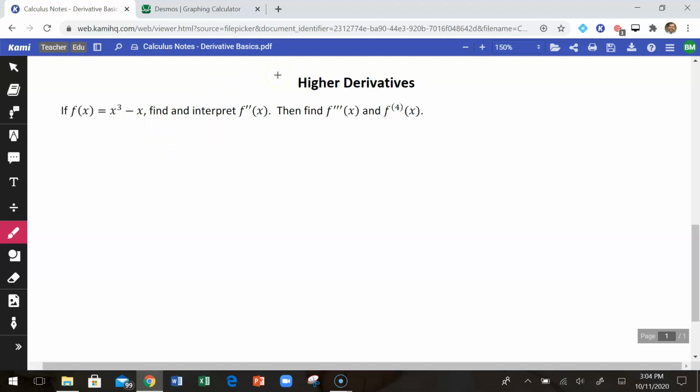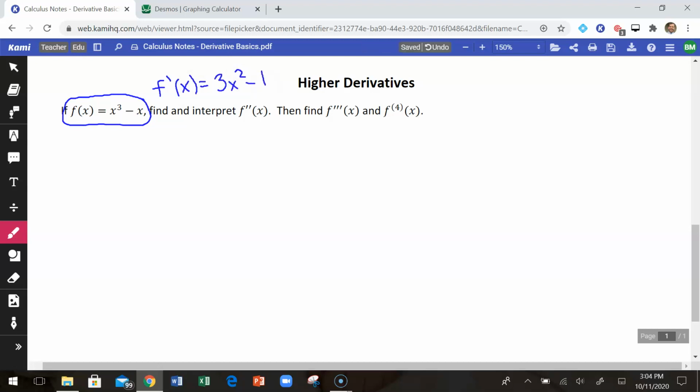The directions here are to find the second, third, and fourth derivatives of this function. In a previous video, I found the first derivative of this. So f prime of x, we found in a previous video, was 3x squared minus 1.